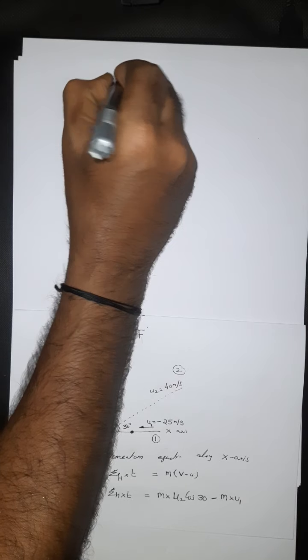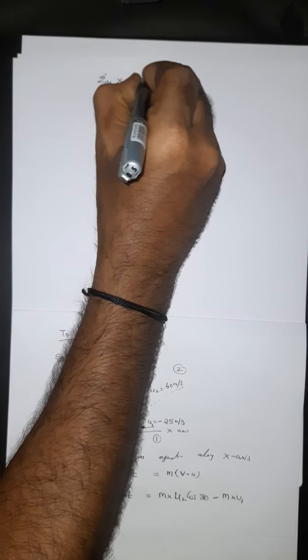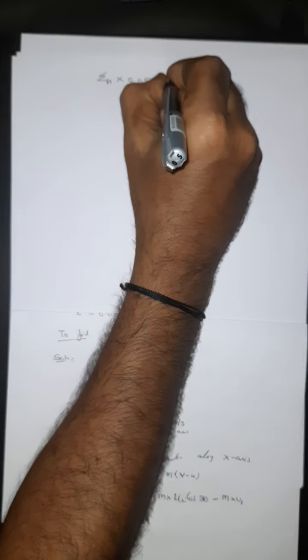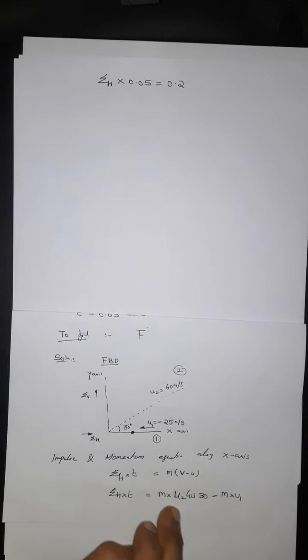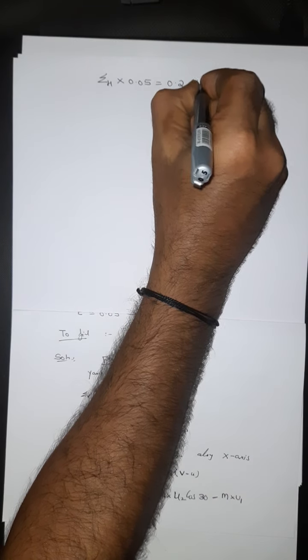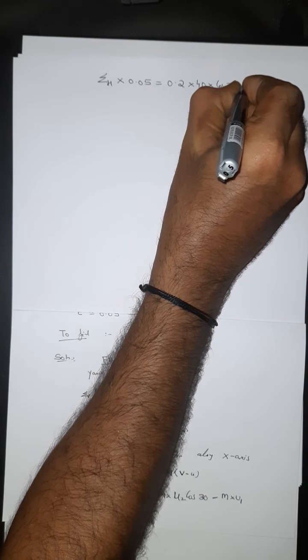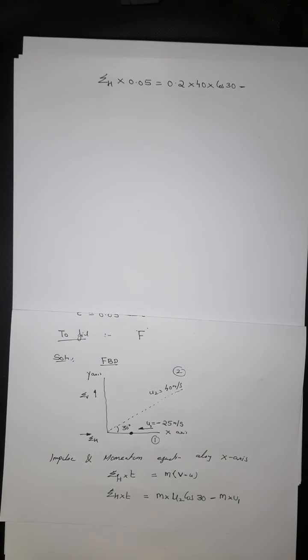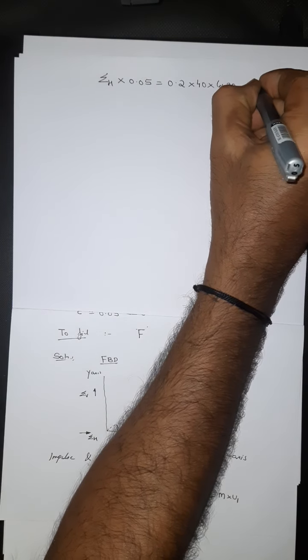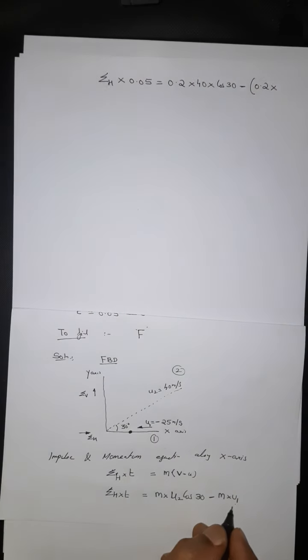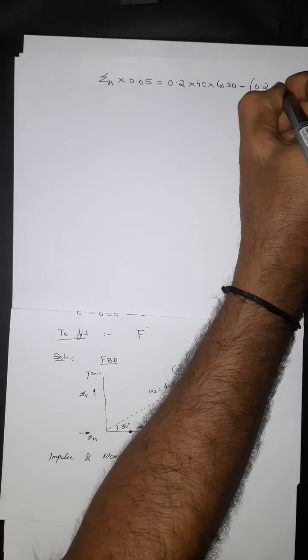Clear? So summation H into t, with t equal to 0.05 seconds, equal to mass of ball 0.2 into u2, u2 is 40, into cos 30, minus m, m is 0.2, into u1, u1 is minus 25.